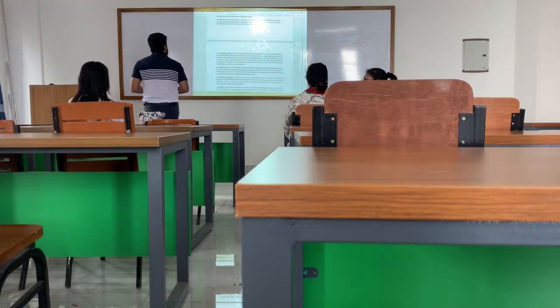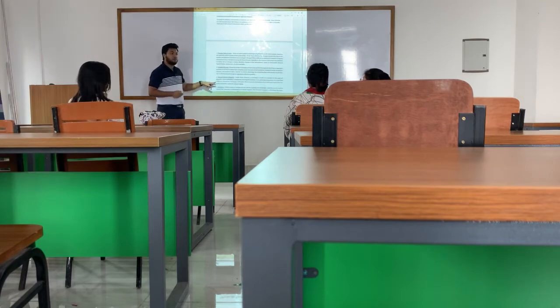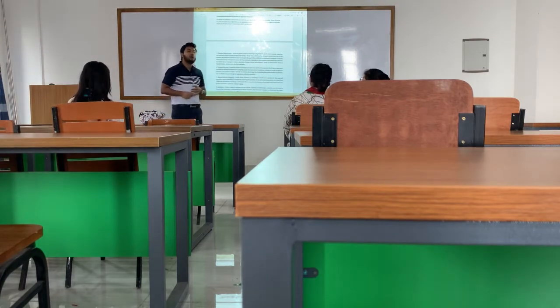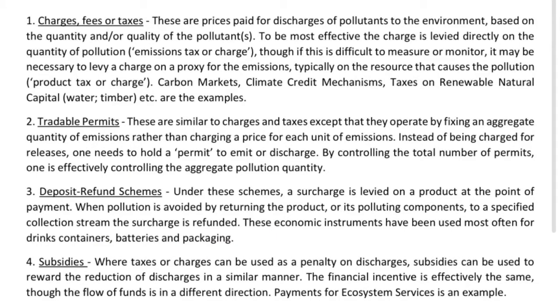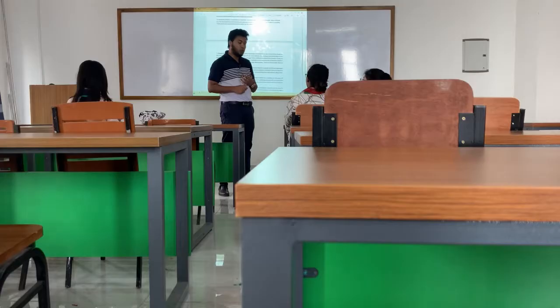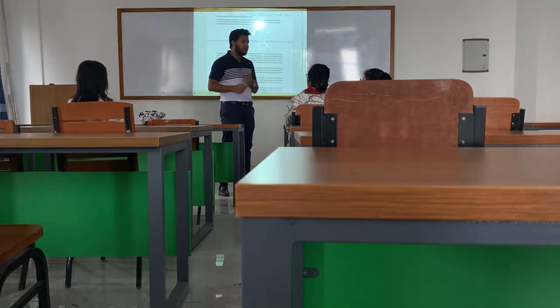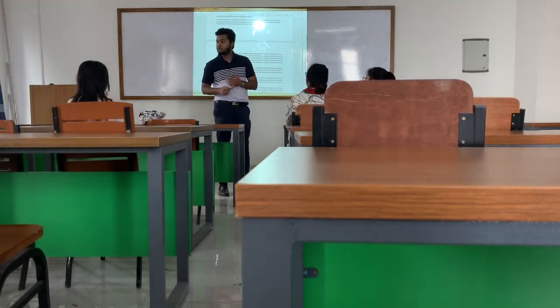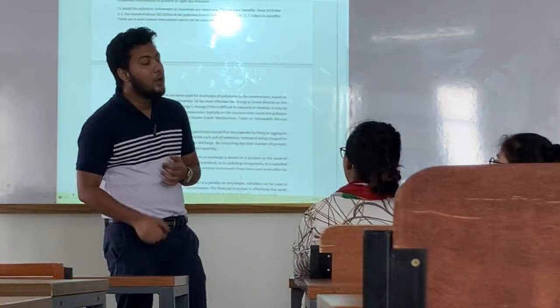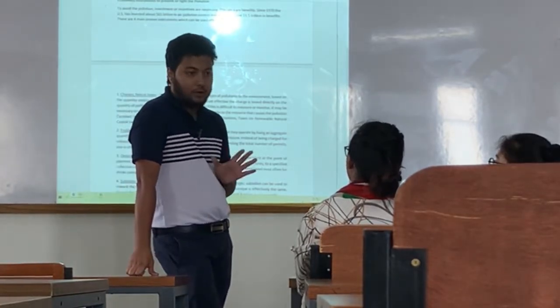The next one is the deposit refund scheme. Maybe we have discussed it in the waste management part of our environmental resource management course. If you think of the deposit refund scheme, we almost always have a glass Coca-Cola bottle, right? We buy it with 15 taka, for example.